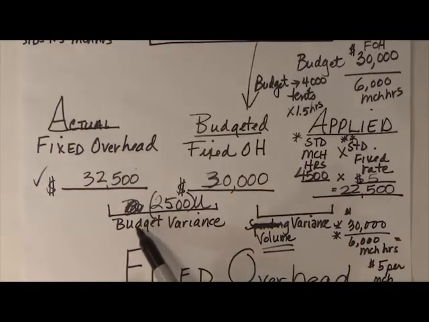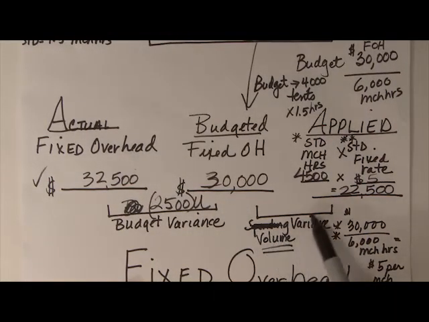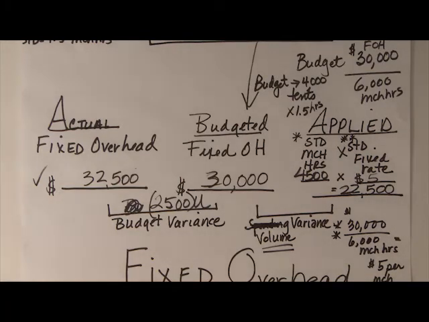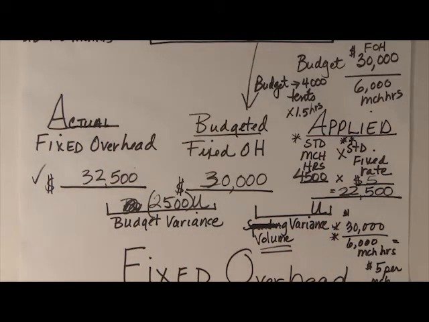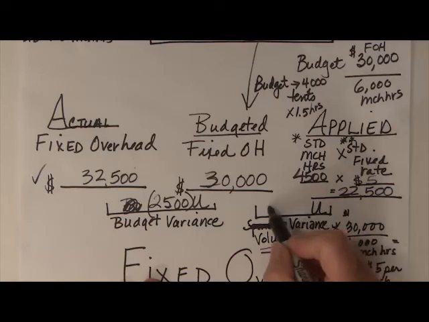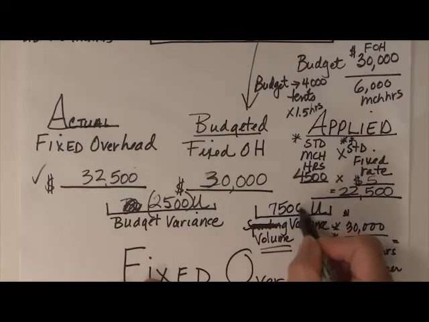This is the budget, and this is the volume variance on the right. The volume variance is always going to indicate whether we produced more than we planned or less. In this case, we planned for 4,000 tents. We only made 3,000. So I can tell you this will be unfavorable because we were at a lower level of production than what we planned when we did the budget. This is $7,500.